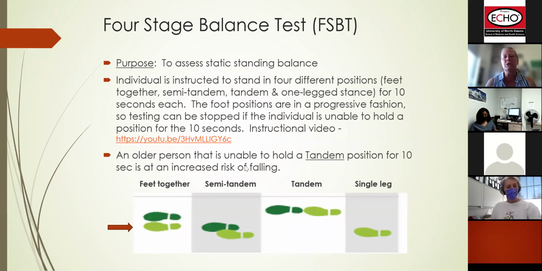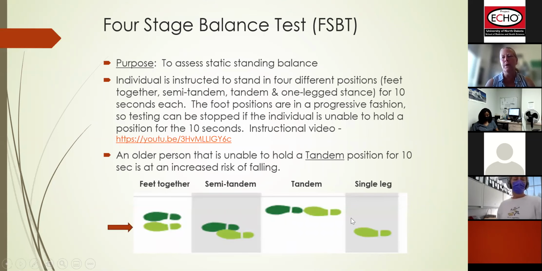And this is showing the 4-stage balance test. You start with feet together, then go to semi-tandem, go to tandem, go to single leg. You're seeing if they can hold it for 10 seconds. If they're unable to hold with feet together, we don't go on to semi-tandem. It's progressive. Our end goal is, can they stand on 1 foot for 10 seconds?